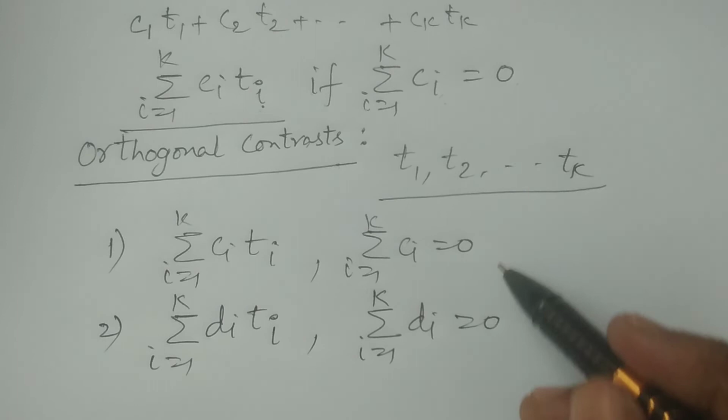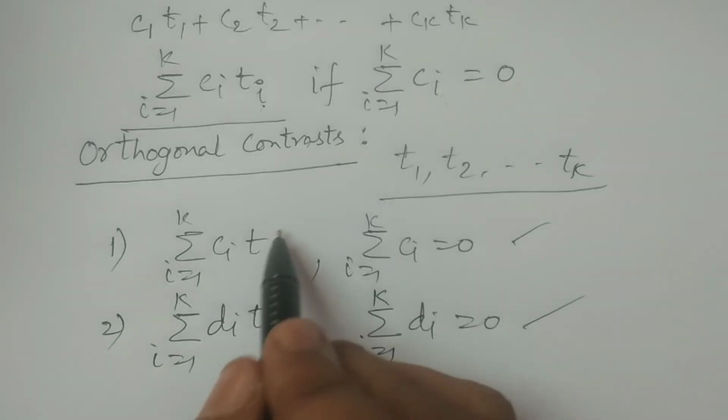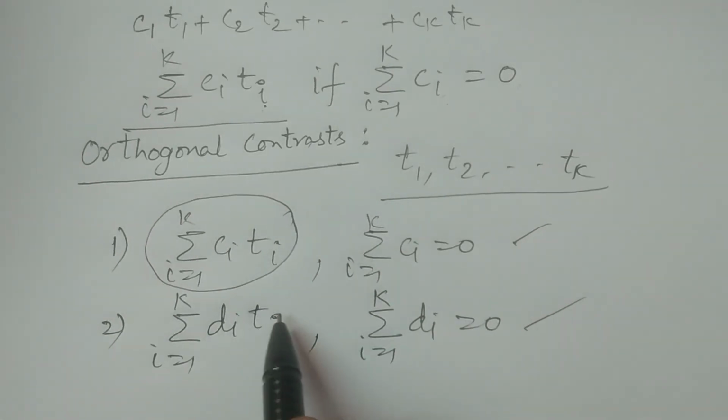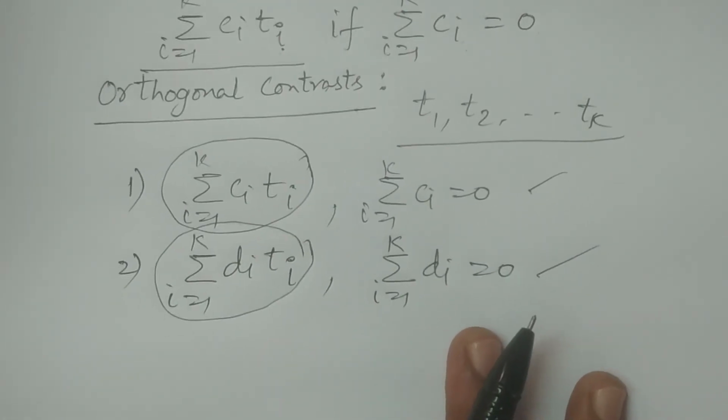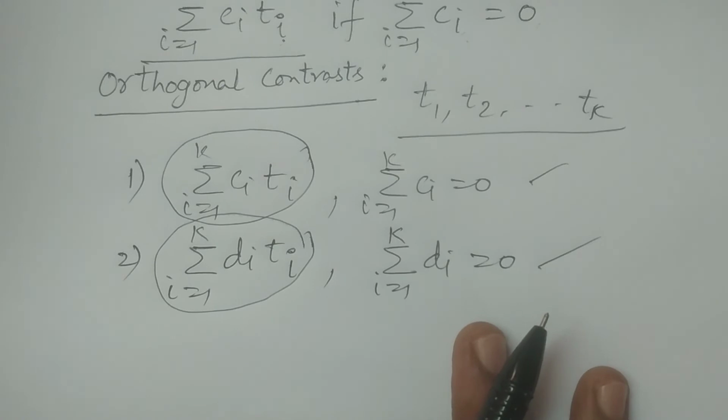So these are the two linear combinations we have considered. The first one is a contrast. The second one is also another contrast. So we have considered two contrasts.